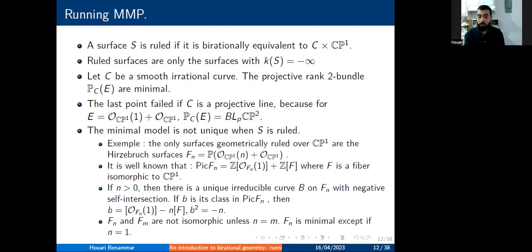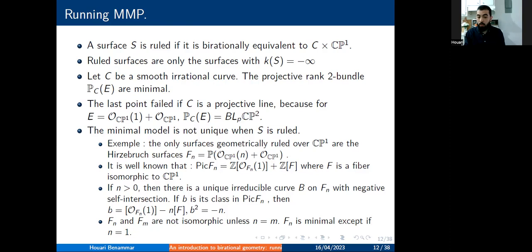So, for example, the surfaces geometrically ruled over CP1 are the rational surfaces, the Hirzebruch surfaces, which are the projectivization of O(n) plus the trivial bundle.